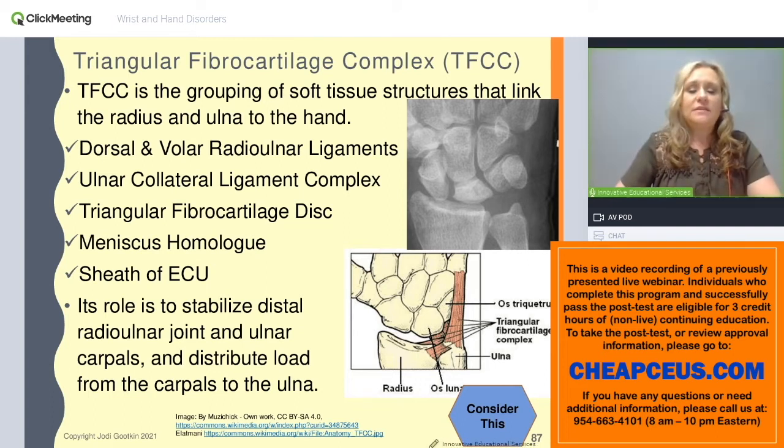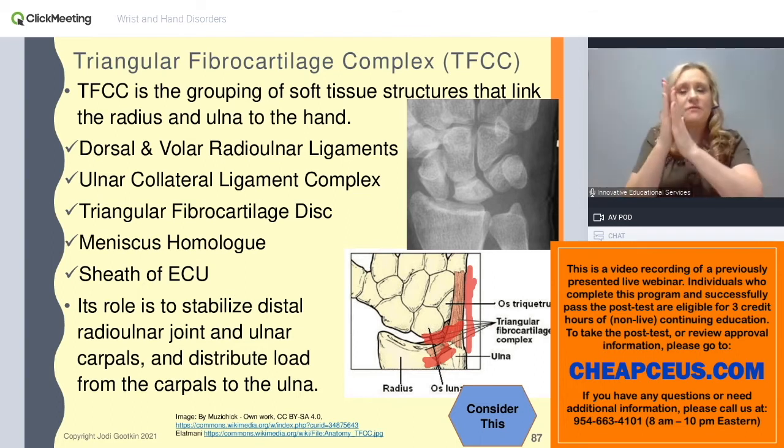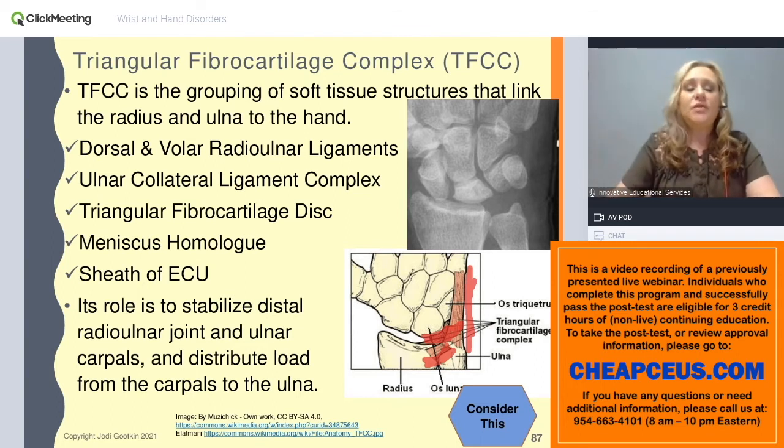In this region, in addition to the triangular fibrocartilage, we need stabilization between our distal radius and our ulna with ligamentous support. Vertically, we have an ulnar collateral ligament providing stability in that area. And then there's also a thin meniscus that runs in tandem with that ligament.